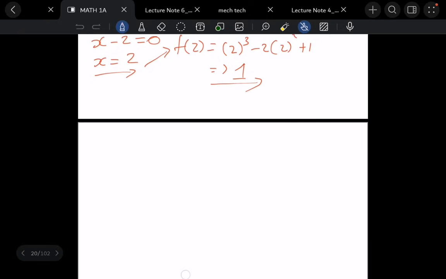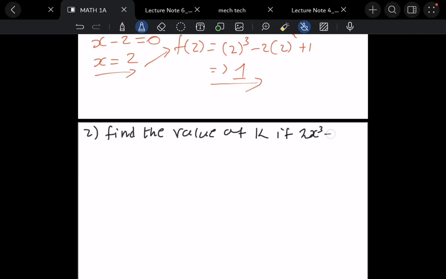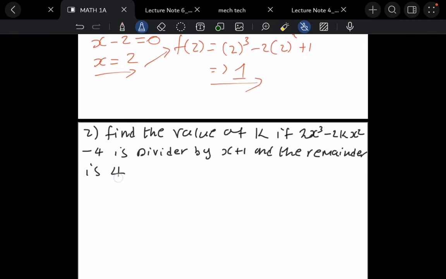The second problem says, number 2, find the value of k if 2x cubed minus 2kx squared minus 4 is divided by x plus 1 and the remainder is 4.